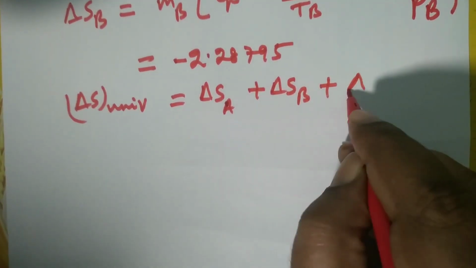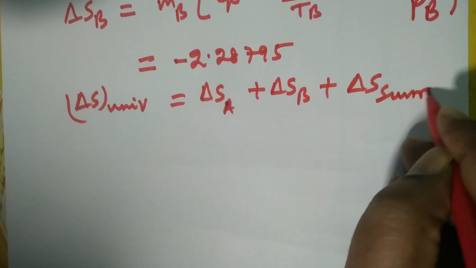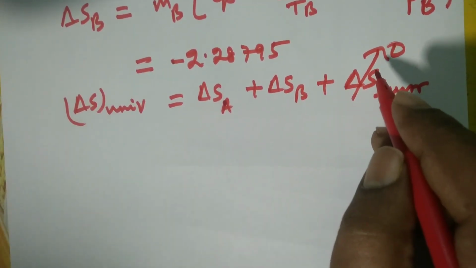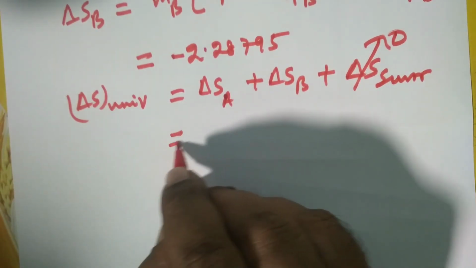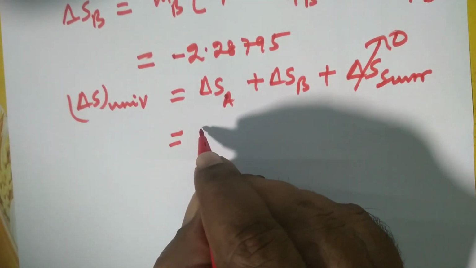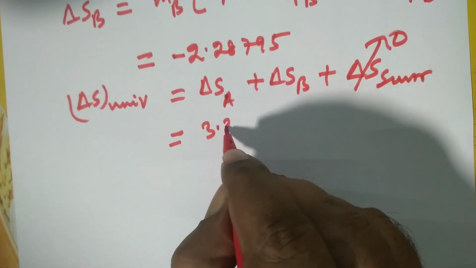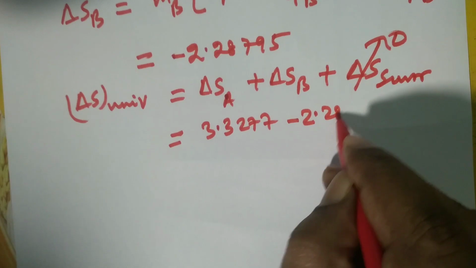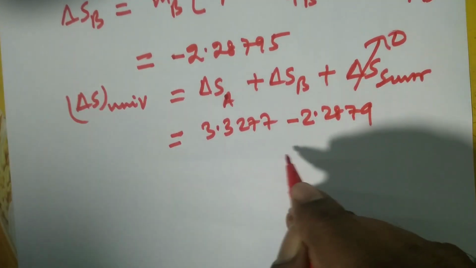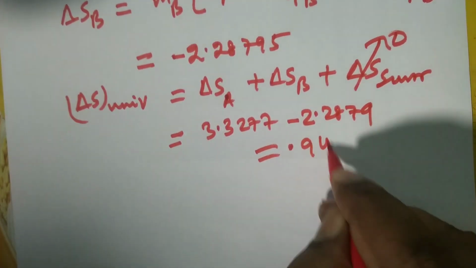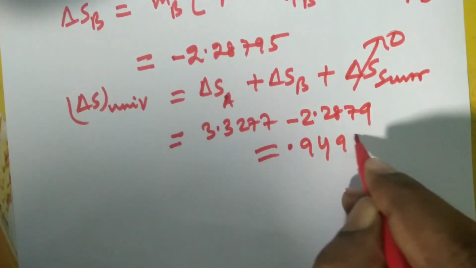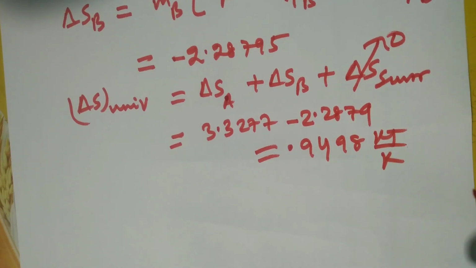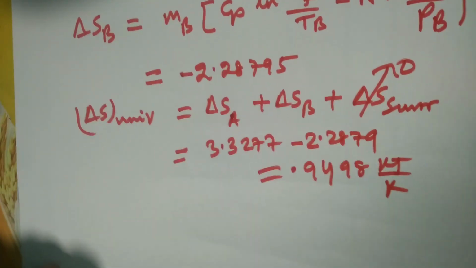Now delta S universe is equal to, entropy being an additive property, delta SA plus delta SB plus delta S surrounding. This one is 0 since this is an adiabatic vessel, an adiabatic mixing process. So this is equal to 3.3277 minus 2.2879, which is 0.9498 kilojoule per Kelvin.